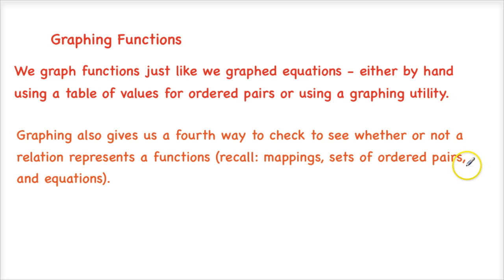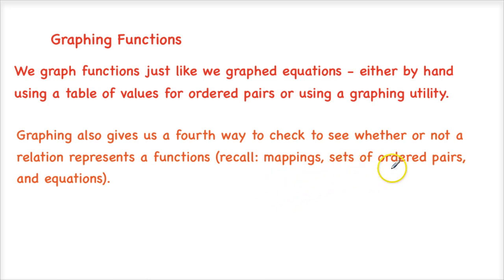And the first thing that we're going to take a look at is something called the vertical line test. And that's actually a fourth way to determine whether or not a relation represents a function. We already talked about mappings, sets of ordered pairs, and equations. And remember, a mapping, if it had two arrows coming from the same element in the domain, that meant that it was not a function, going to two different elements in the range.